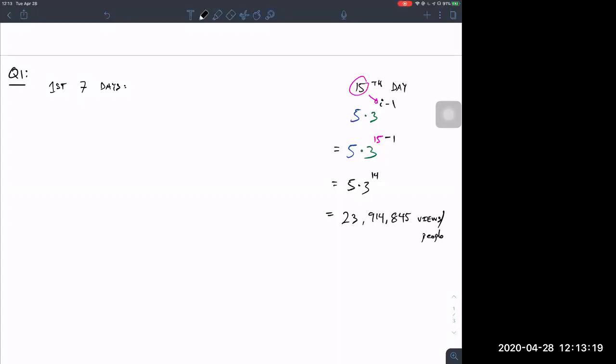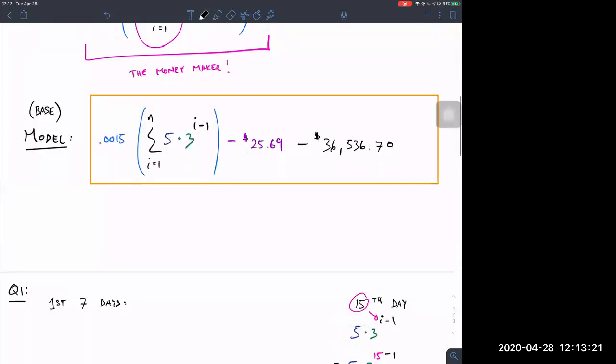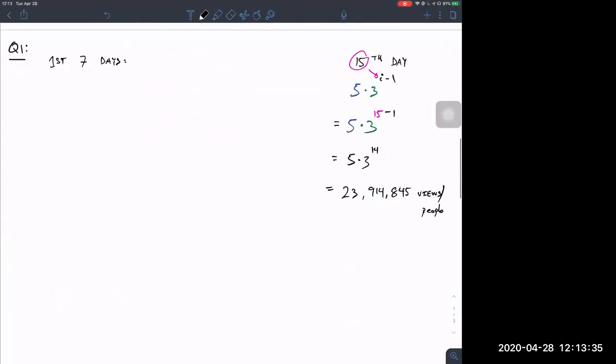How much did you make? Answering that question has to do with that 0.0015. This is the actual money per whatever. In this case, it's per person or per view. So you take this amount and you multiply it by 0.0015. If it helps, you can think of it as keeping it in part of the equation right there.